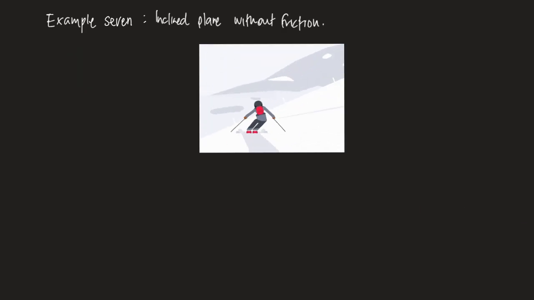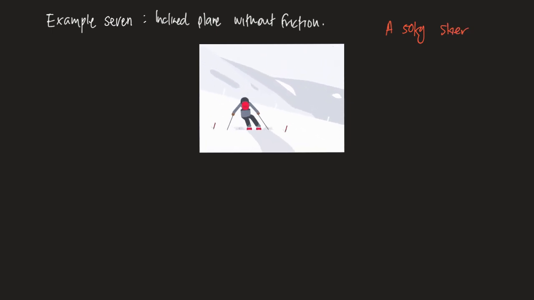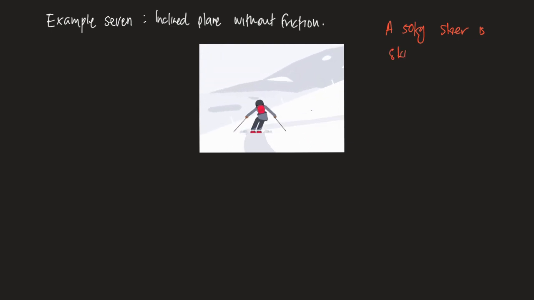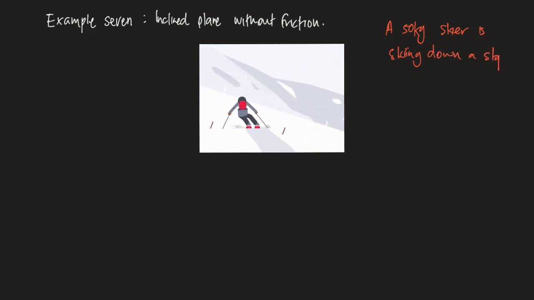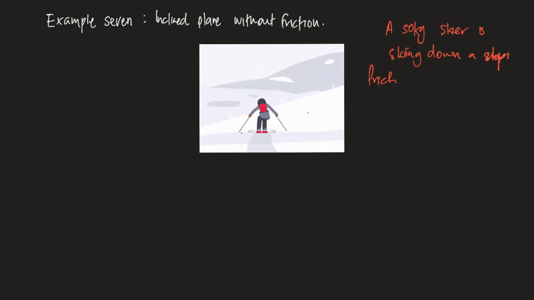If I have a look here, we have a 50 kilogram skier, and this little skier is skiing down a slope, let's say down a frictionless snow slope.